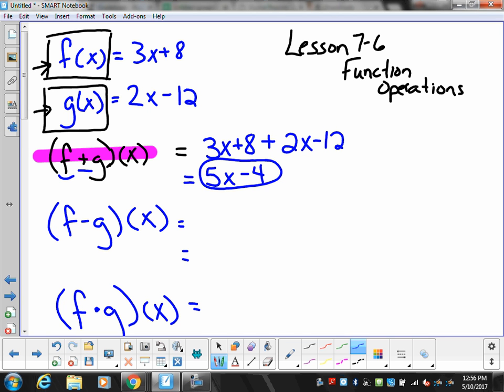Okay, so if we added the two functions when we did f plus g of x, when we do f minus g of x, we're going to do the same piece. We're going to subtract the two functions. But because of subtraction, we do need to use parentheses now. So f is 3x plus 8 minus g is 2x minus 12.